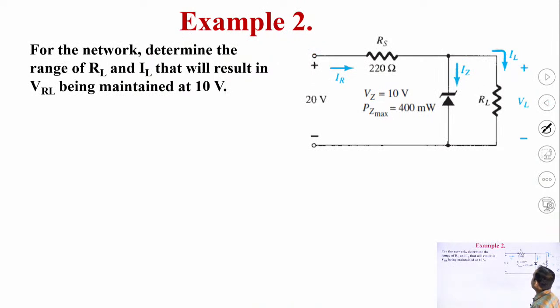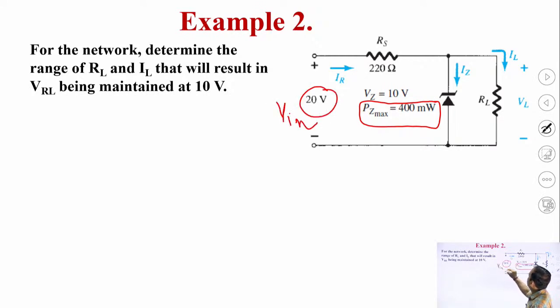In this particular example, it is given that instead of Iz max we have Pz max. So either you are given Pz max, the maximum power dissipation in the Zener diode, or you are given Iz max. We have a 20 volt input, RL is unknown, and the series resistance is fixed at 220 ohms.